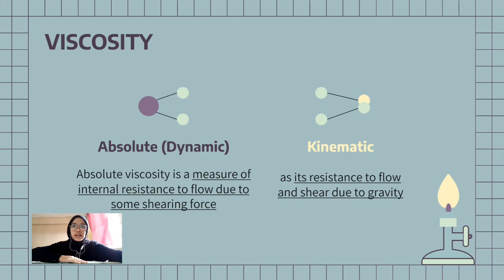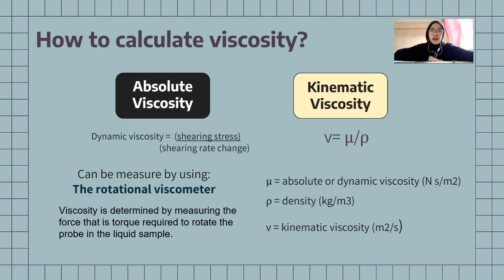So what is absolute viscosity? Absolute viscosity is a measure of internal resistance to flow due to a shearing force, while kinematic viscosity is defined as resistance to flow and shear due to gravity. How do we calculate viscosity? Absolute viscosity is calculated by shearing stress divided by shearing rate change.